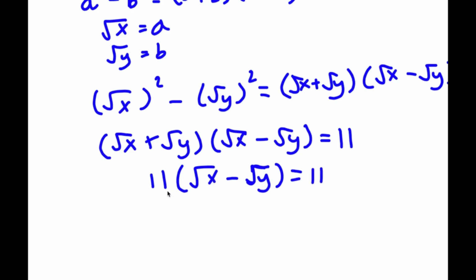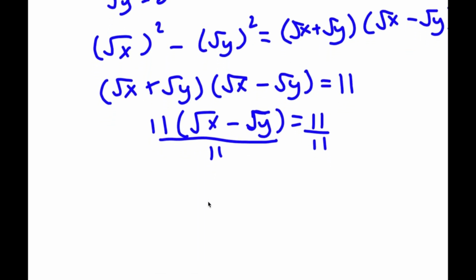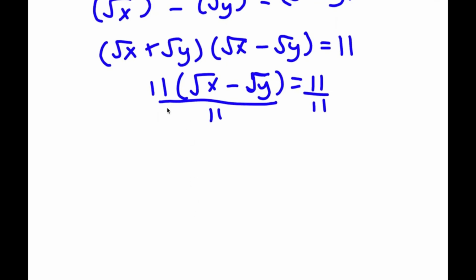And now we can simply divide both sides by 11. These two cancel out and these two cancel out. So I have the square root of x minus the square root of y is equal to 1.